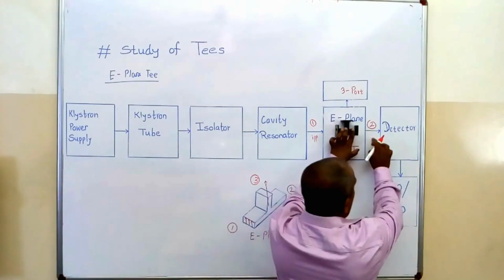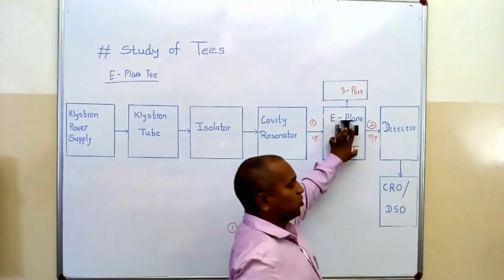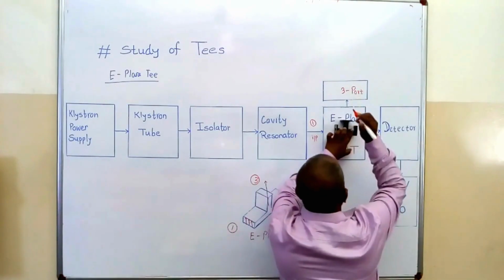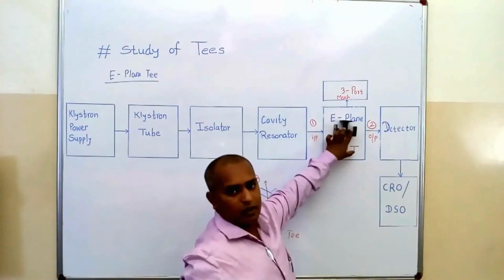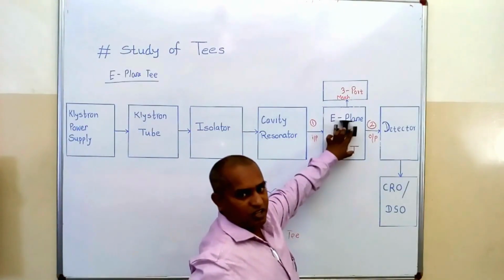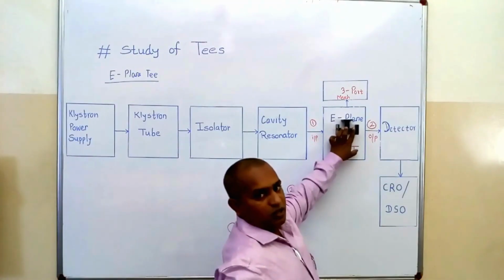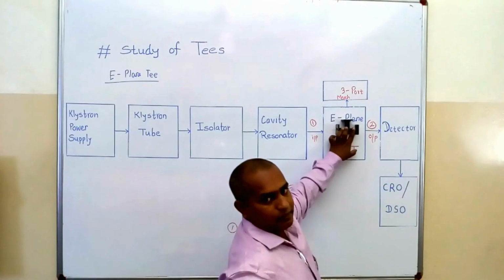So connect a detector to port number 2 as an output, and in port number 3 we will connect a match terminator. In this way we can determine the input and output across an E plane T.